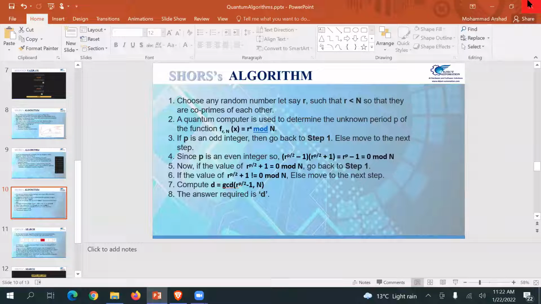Once we find the right P with the quantum part, we have to find the GCD, greatest common divisor, of that number with N, and that should be the final answer.